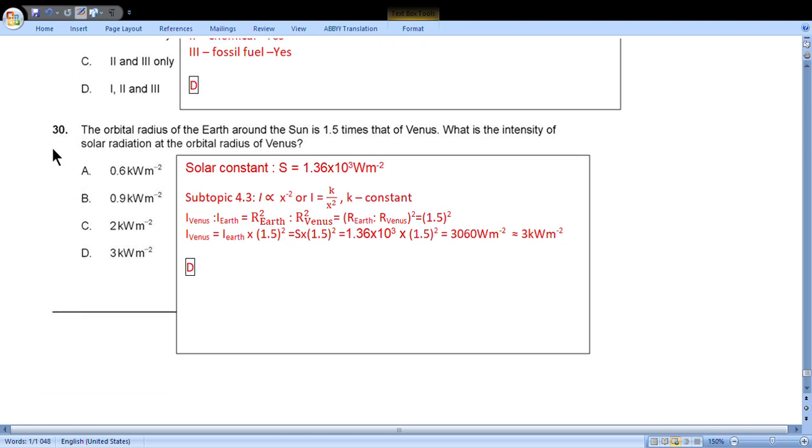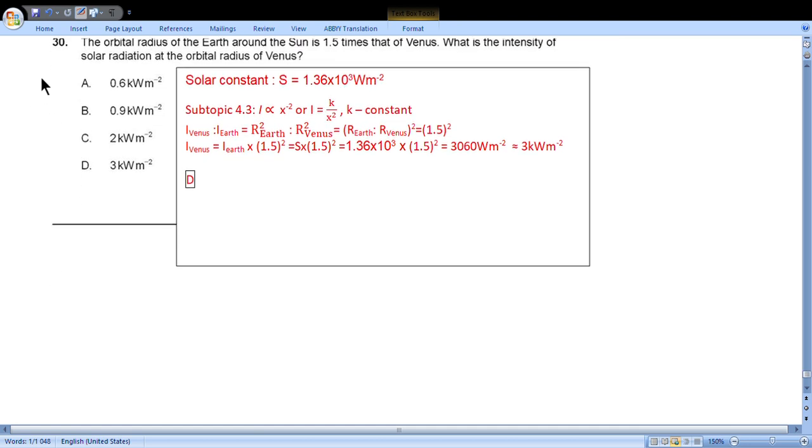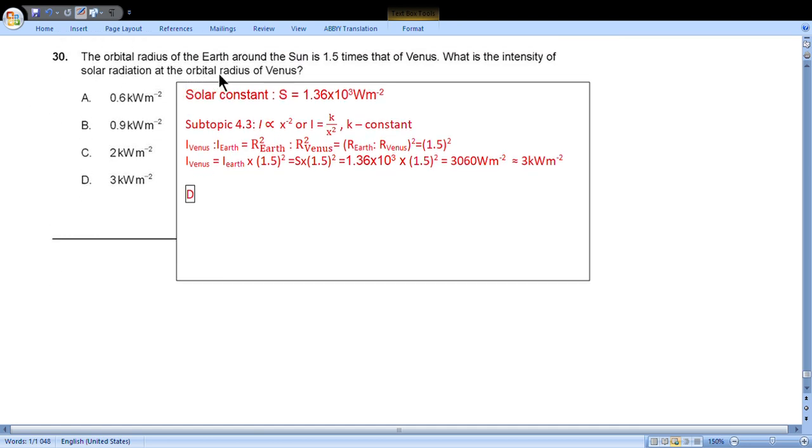Question 30. The orbital radius of the Earth around the Sun is 1.5 times that of Venus. What is the intensity of solar radiation at the orbital radius of Venus? So here you should know the solar constant, which is the intensity of radiation falling on Earth.